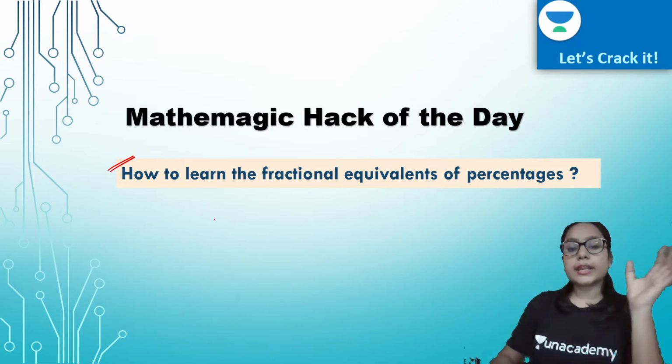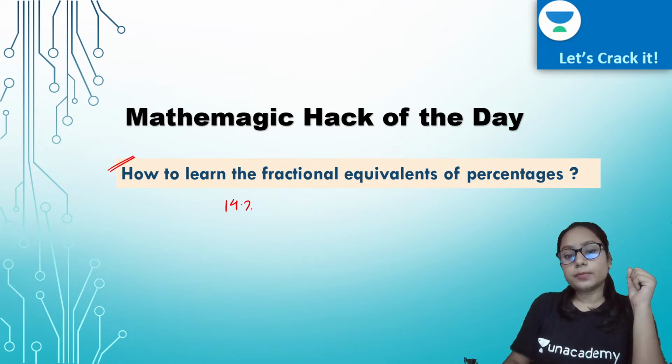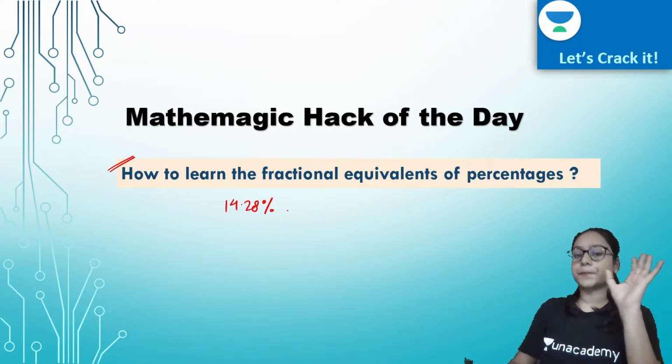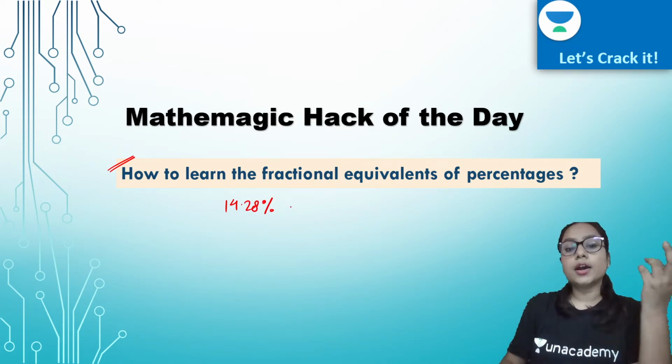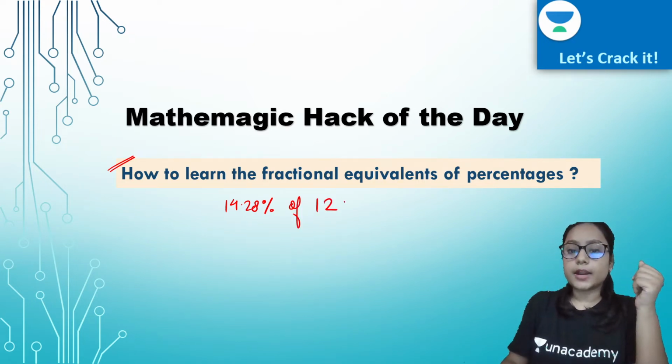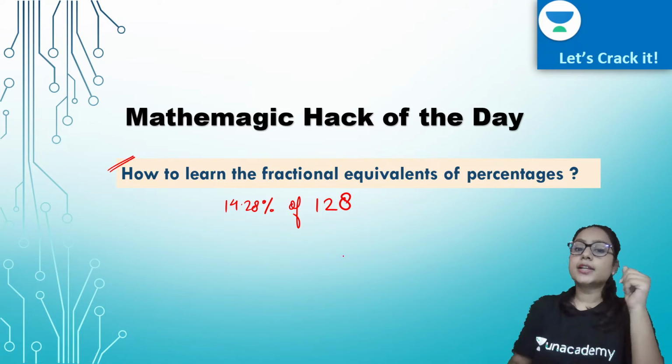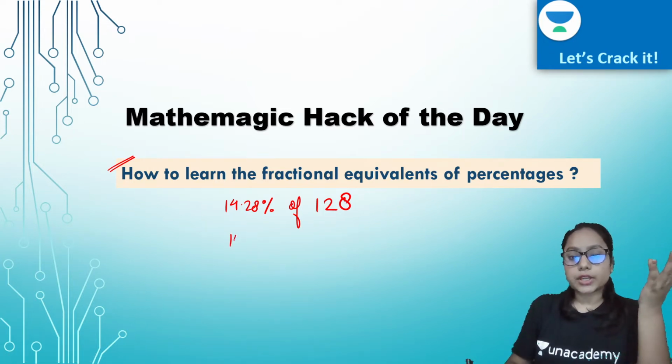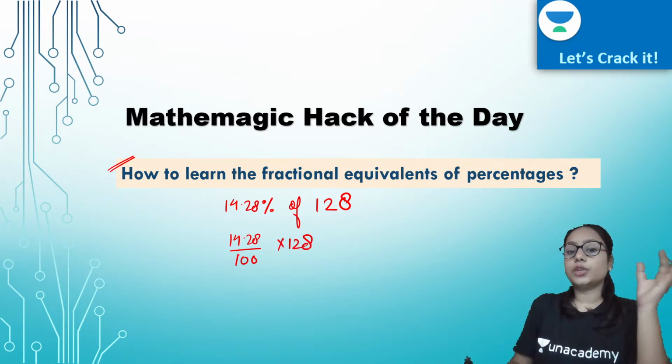For example, if you have to find 14.28% of, suppose, 128, then how will you find it? There is a classical way of solving this question: 14.28 upon 100 into 128.